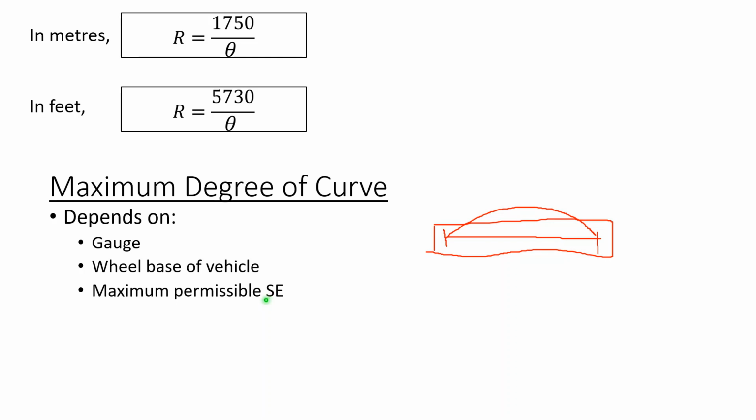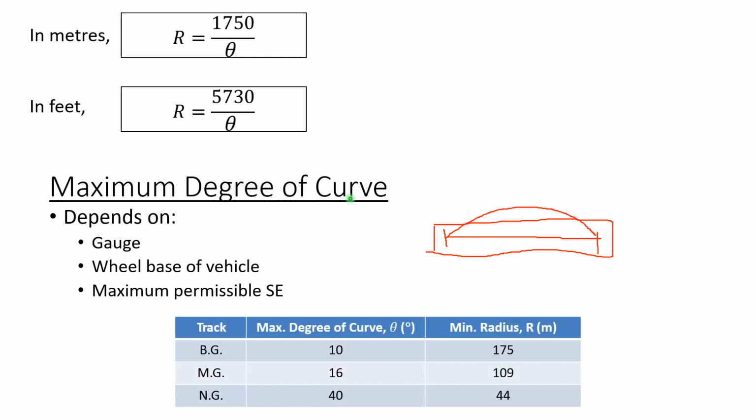That again is limited to keep the stability of vehicles on the curved track. If it goes beyond a certain limit, then we have to restrict the speed accordingly. Because of all these factors, we have a limiting value of the degree of the curve.